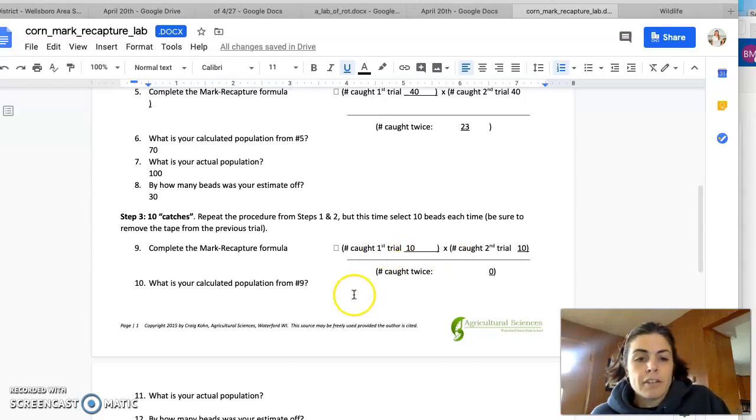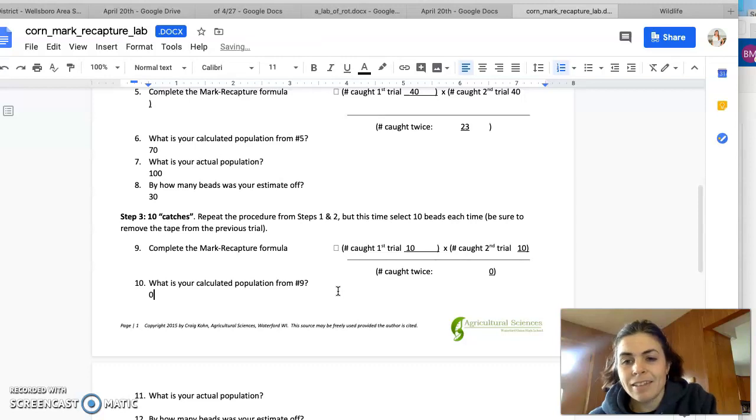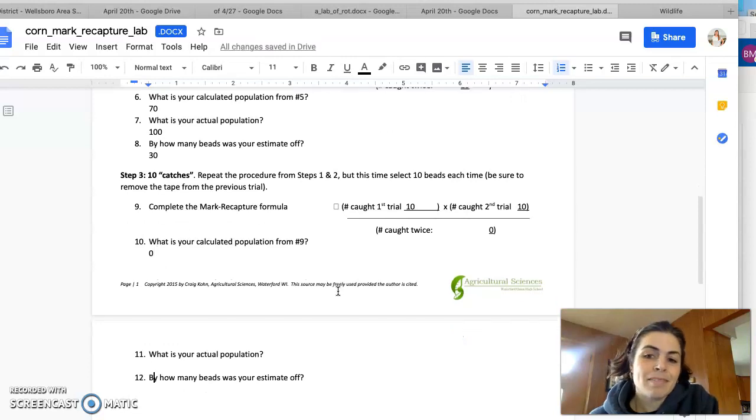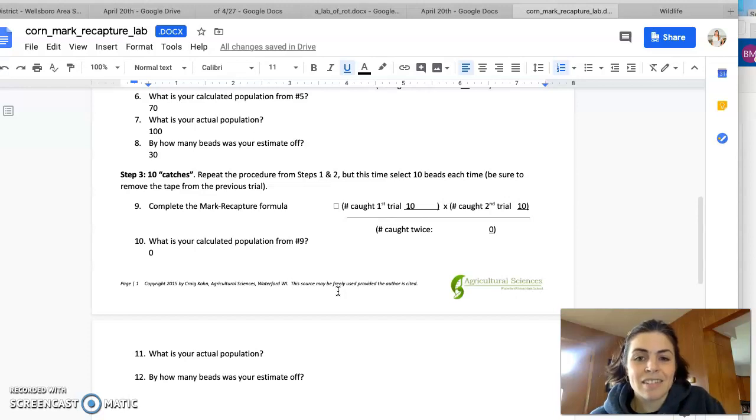So really in this case, our calculated population is nothing because we didn't catch any that were caught twice. So it's not accurate. Actual population is still 100. Our estimate is off by 100 in that case.